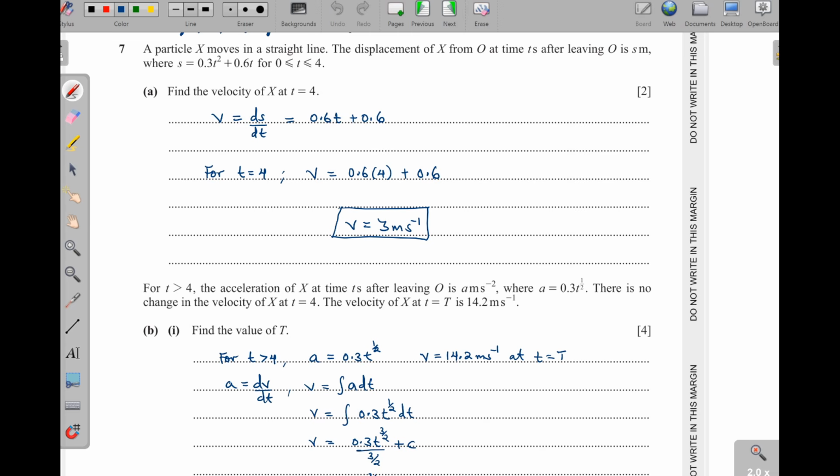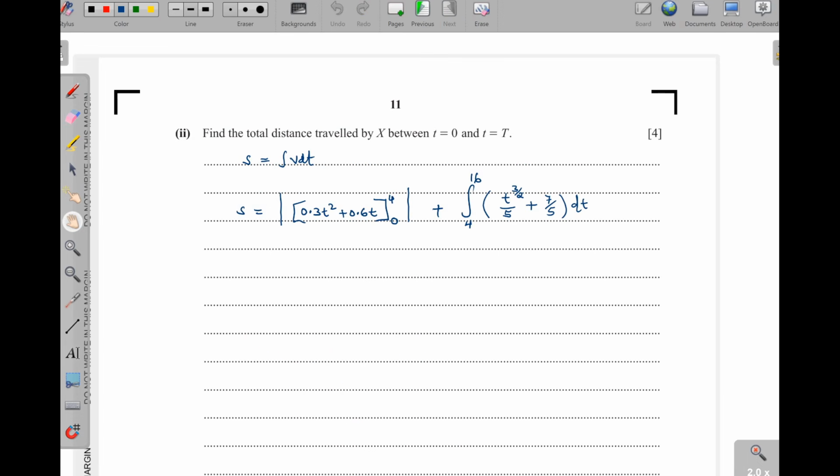When you check here, there is no change in the velocity. When t is equal to 4, the velocity is 14.2. It is just increasing, so I'm not going to consider that v is equal to 0. Here it is just increasing.